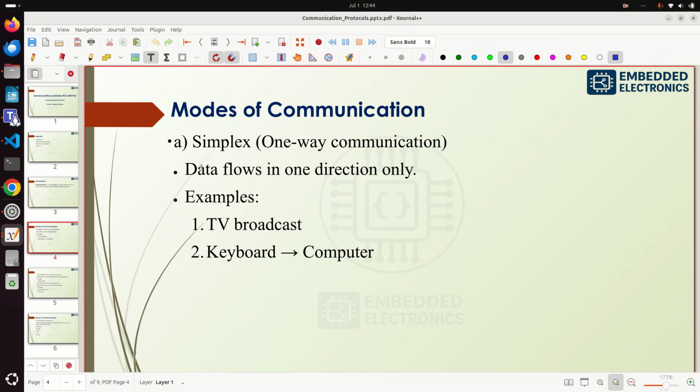So for example, radio, TV, keyboard. So here keyboard to computer, which computer is using the keyboard, isn't it? So that's one. So why is it one-way communication? Because assume radio or TV, we are just listening, isn't it? So that's why it is one-way communication.